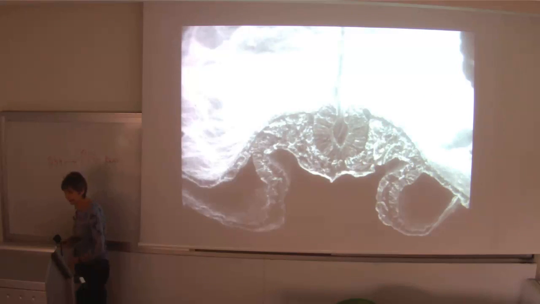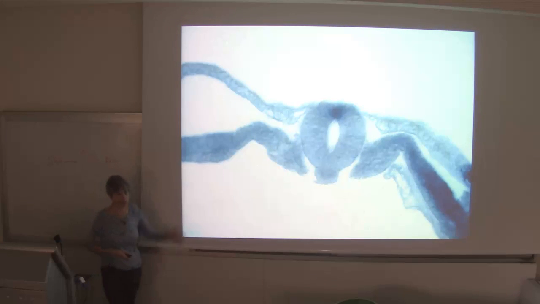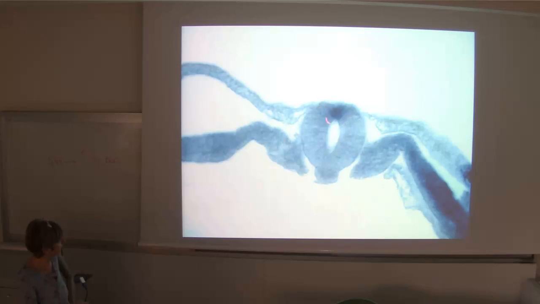So once the folds come together and they close, and this is now a transverse section through the neural tube, what you see is that we have a very particular set of cells that morphological-wise are or look exactly the same as the other cells of the neural tube.